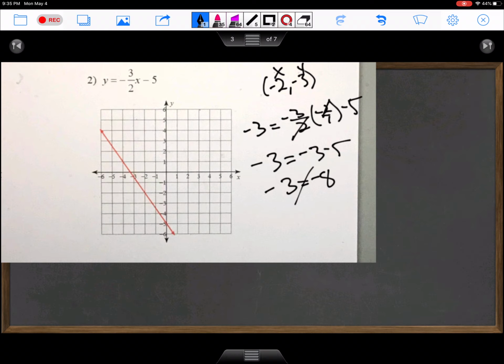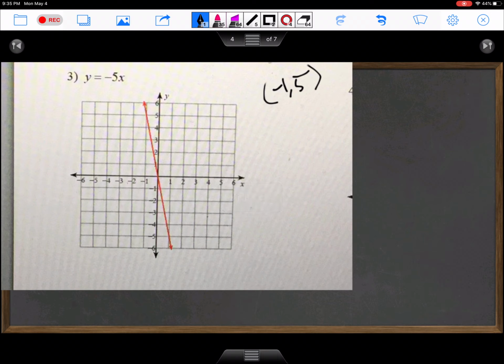That's not true. So we're going to say that this one is false, but let's go confirm with the visual. Point -2, -3 is right there, and that point is not on the line. So no, point -2, -3 is not a solution to the linear function y equals -3/2 x minus 5.